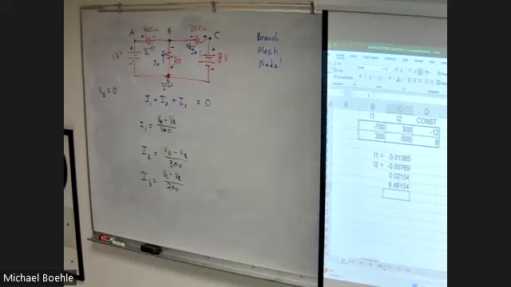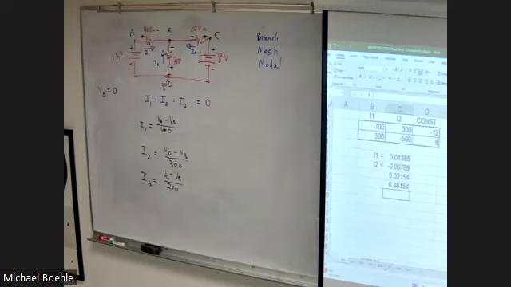So who can tell me what the voltage at point A is with respect to ground? 12 volts. Because between point B and ground is a 12-volt source. Okay?